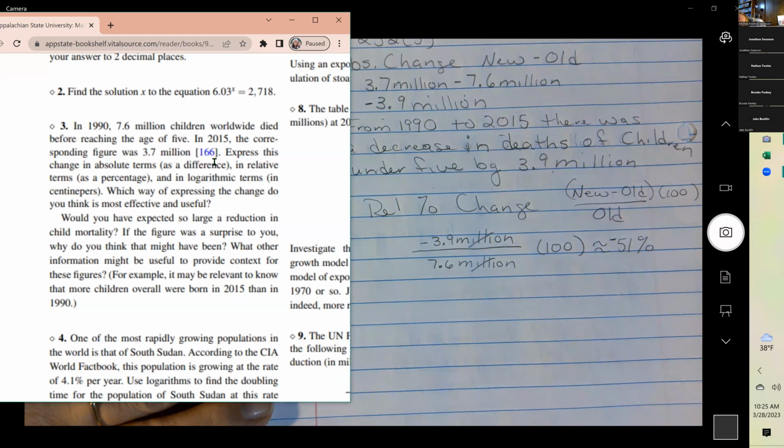So the amount of children's deaths from 1990 to 2015 decreased by 51%.